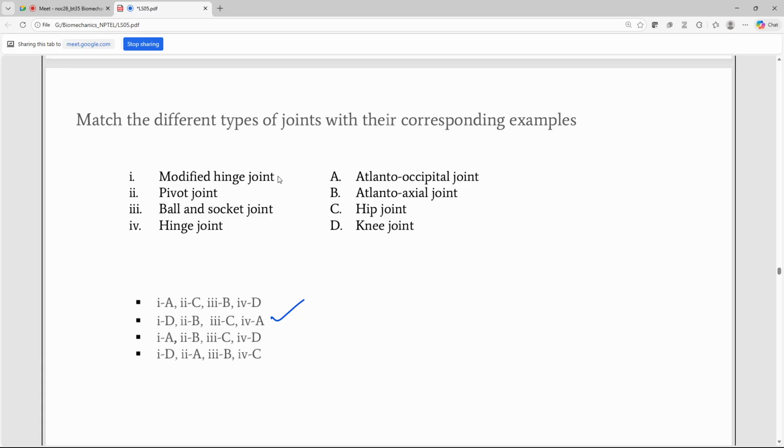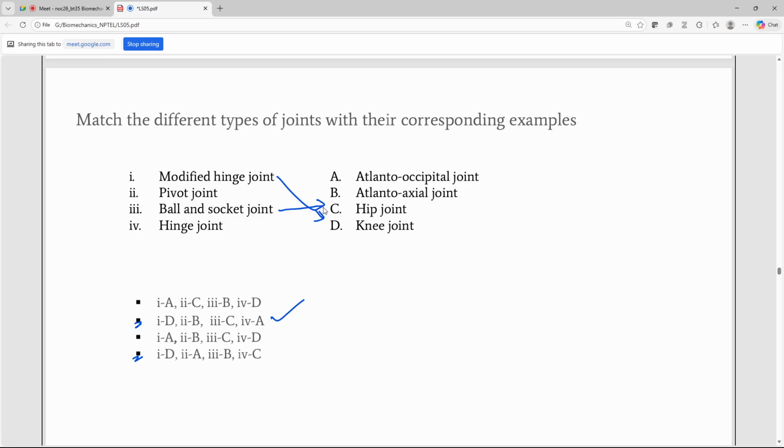Modified hinge joint is knee joint. Then you can try to connect simple pairs first to eliminate. So 1 joins to D. So then only the second and fourth options remain. Again, as in today's class, ball and socket joint is hip joint.